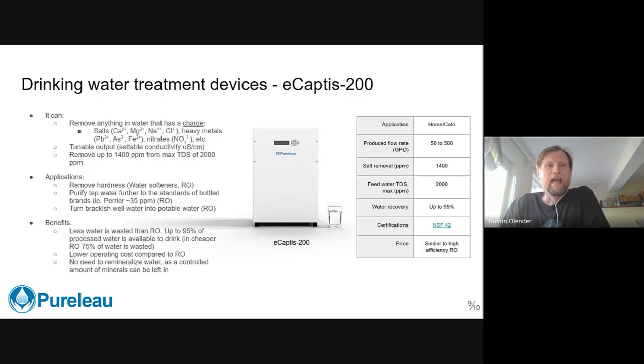They do a leaching test, and they also do structural integrity tests. Over 100,000 pressure cycles is one of the tests. So we've beaten it up pretty significantly, and it's working really well.